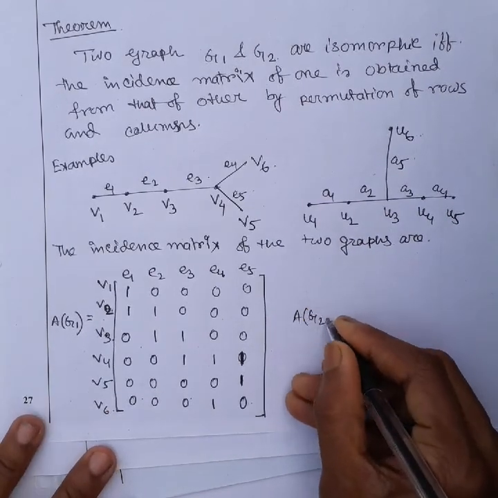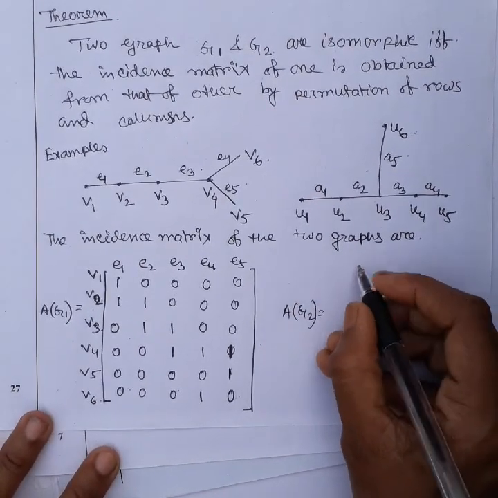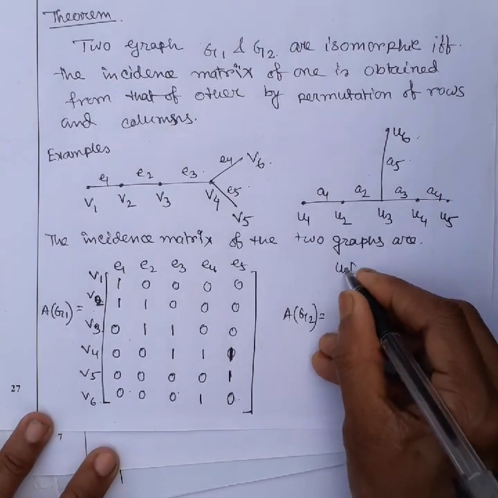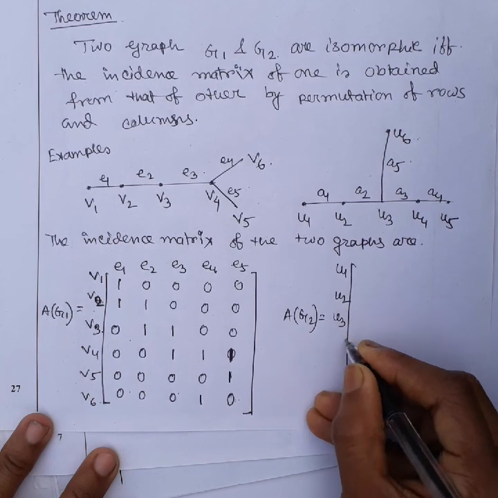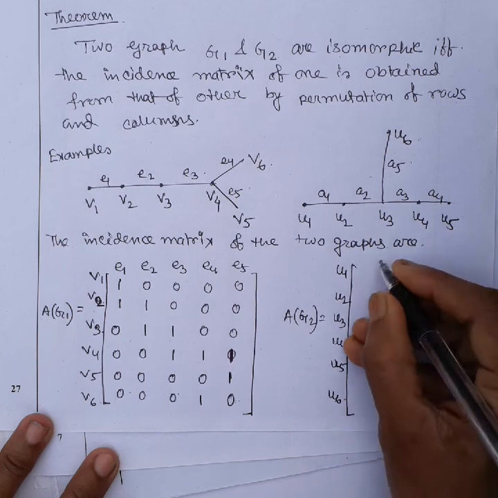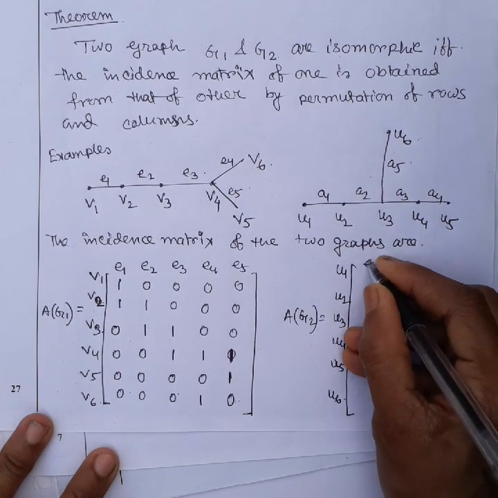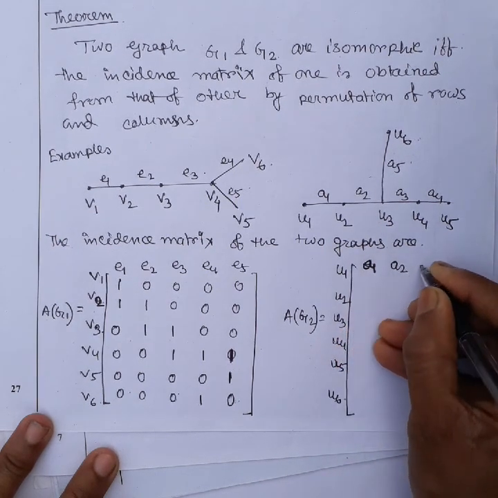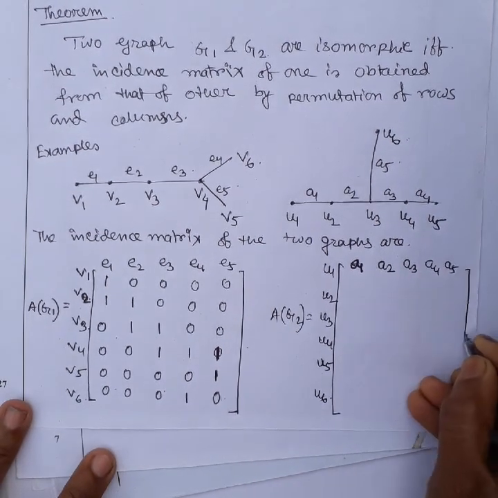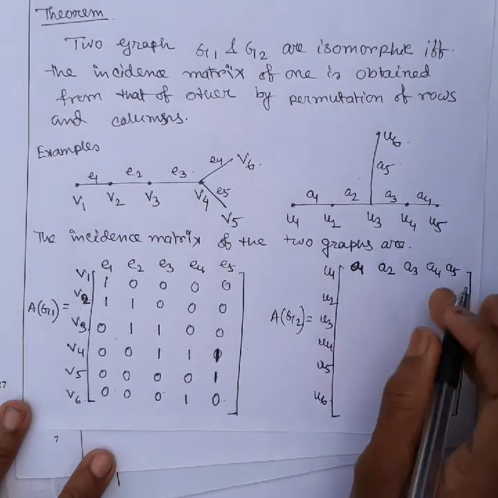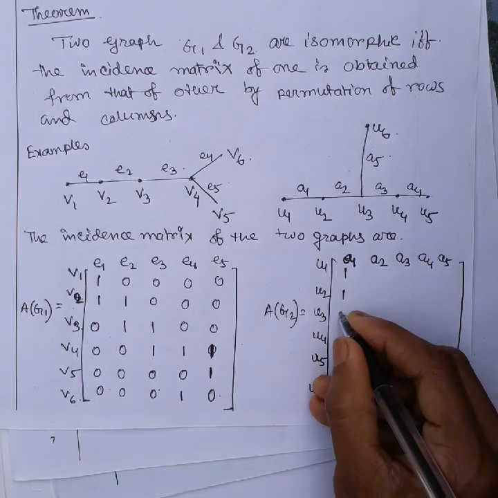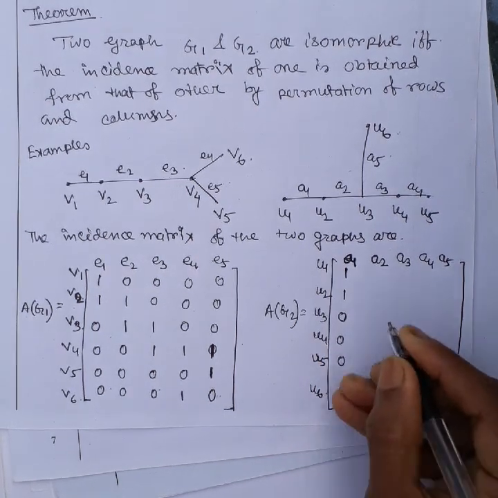And for G2, here also 6 vertices, so 6 rows, and 5 edges, that means 5 columns. A1 is between U1 and U2, others are 0.